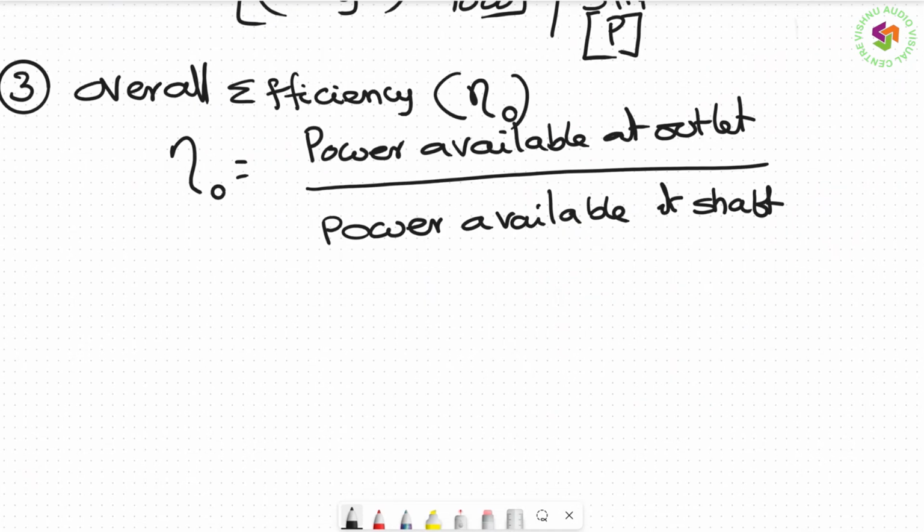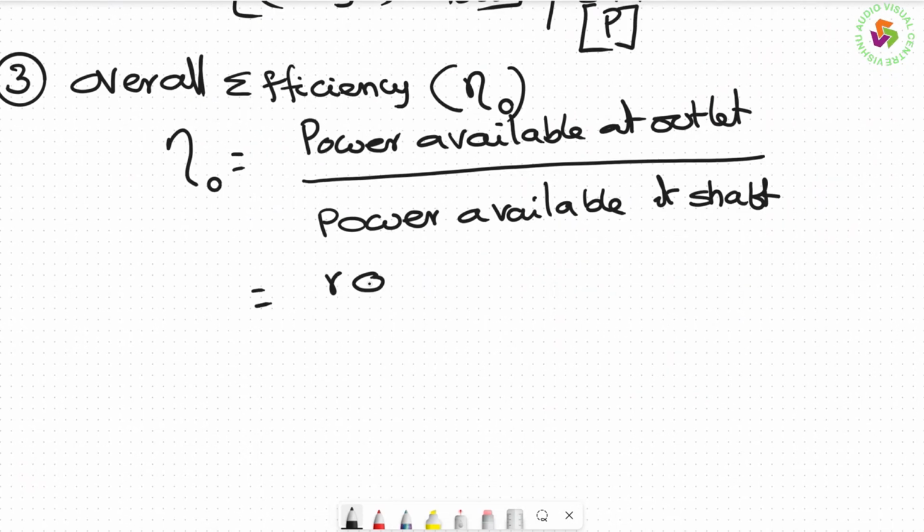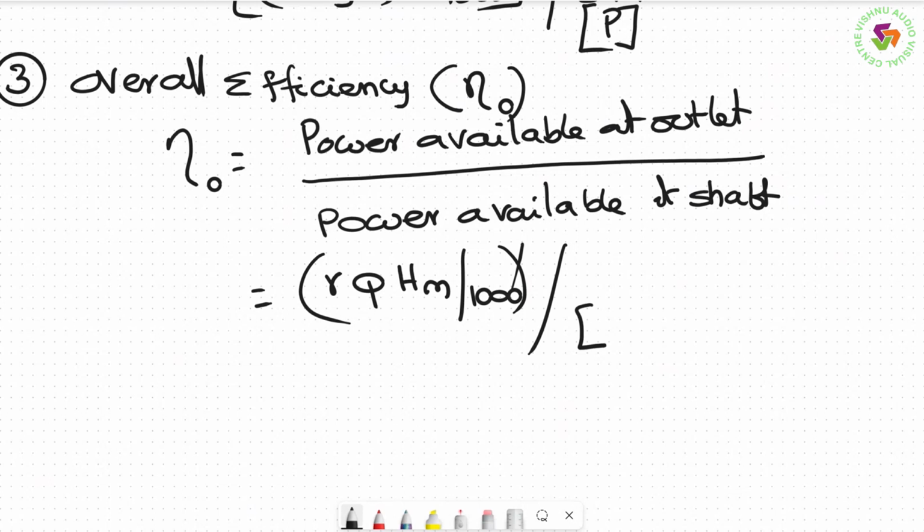So power available at outlet is equal to gamma Q into Hm divided by 1000, divided by the shaft horsepower in kilowatts. So this is overall efficiency.